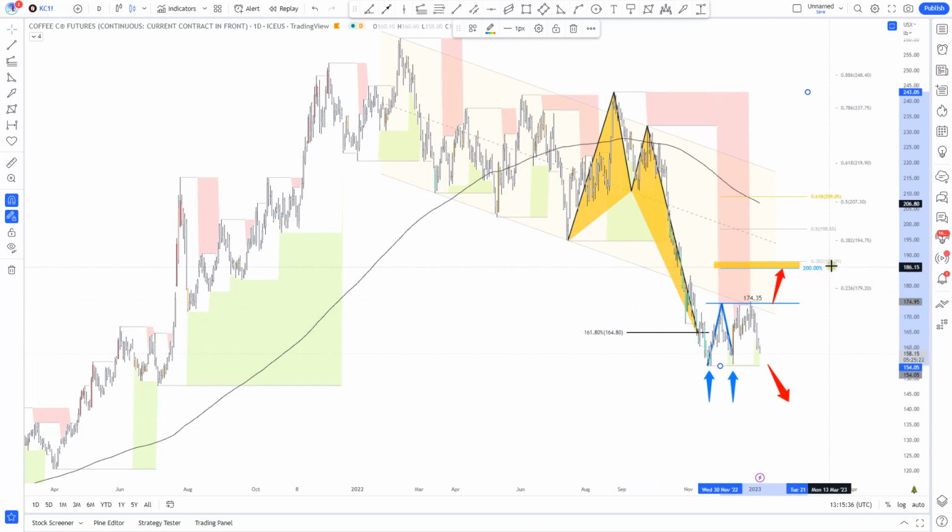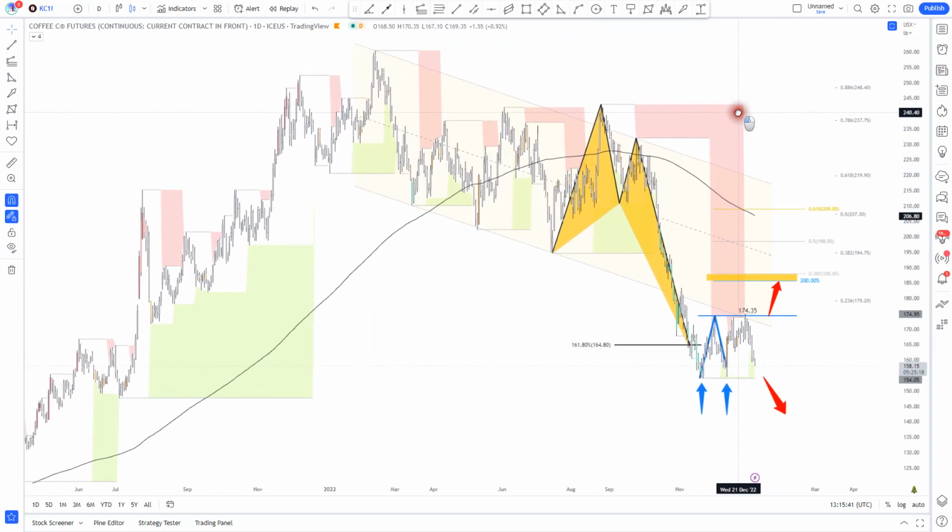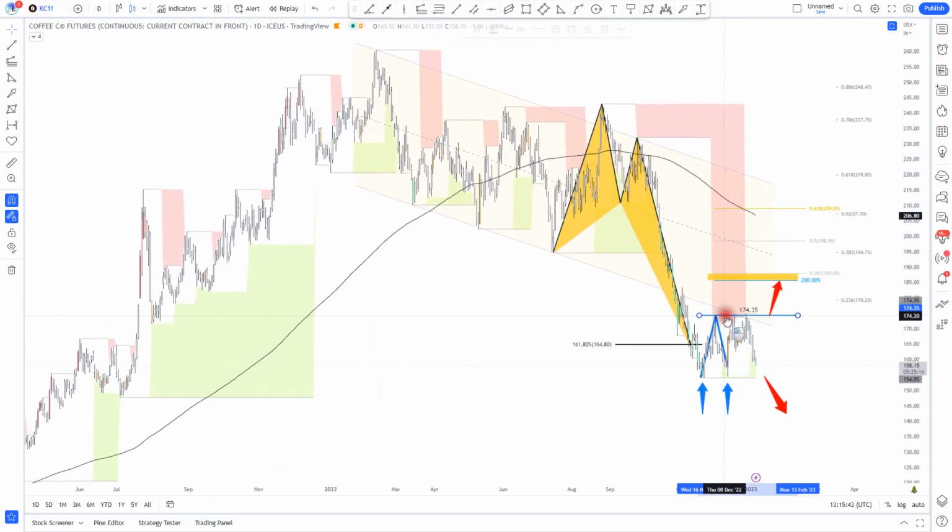It's still possible to try to take advantage of this pattern, but this rejection of this fractal resistance, the next zone, the 174.35, these clear rejections may suggest more downside momentum if there's a breakout of this support level, and there is no breakout yet.